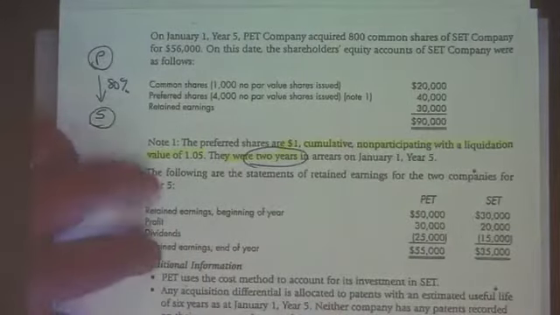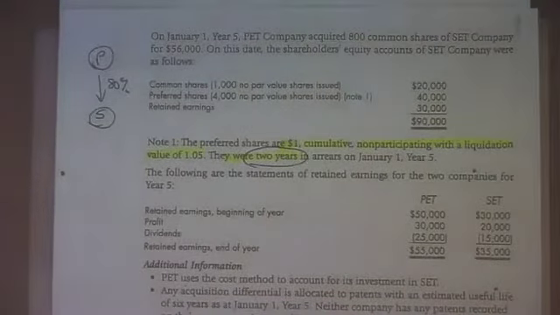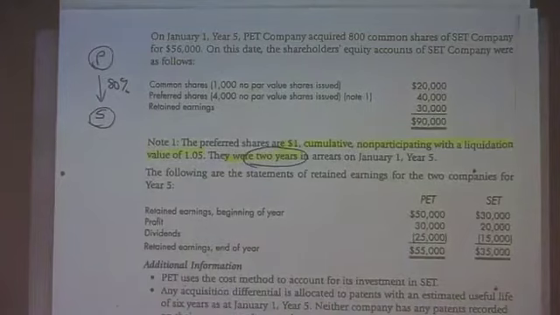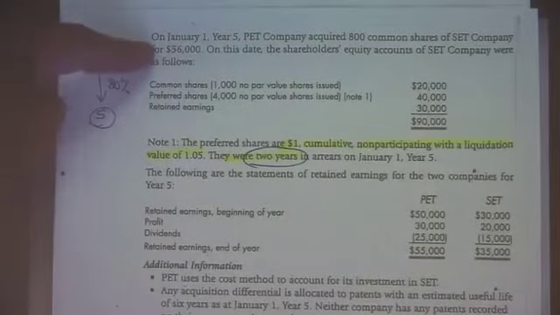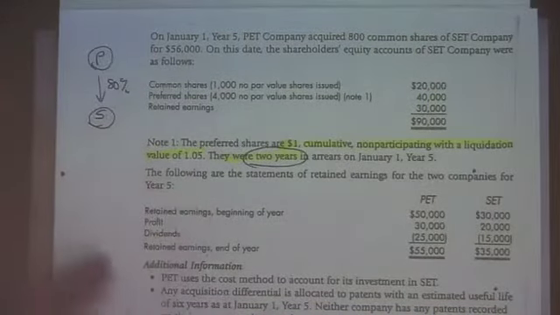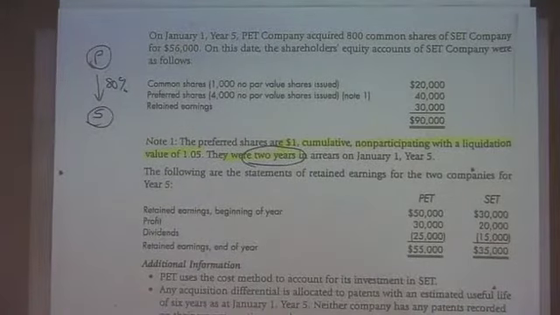Now, these are the following retained earnings sections of the 2 companies in year 5. So we bought it on January 1st. This is the activity during the year, and we're asked to prepare the consolidated retained earnings for year 5. So we're only dealing with 1 year's financial results here.